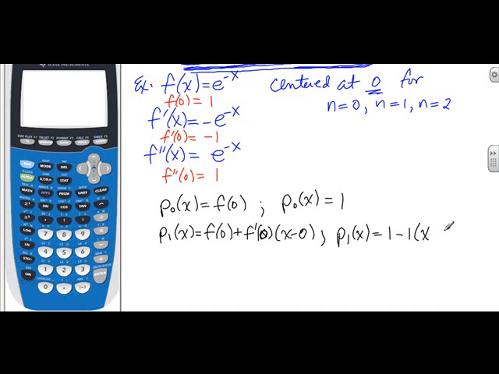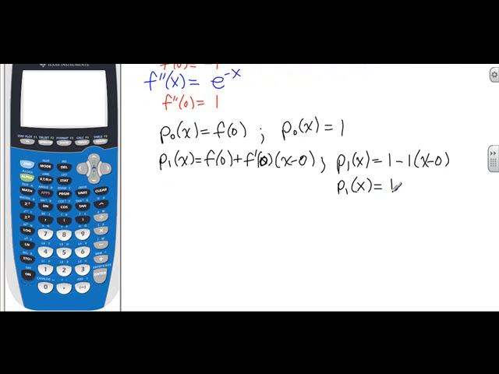Oh, we've got a slow computer today. Oh my goodness, there we go, x minus 0 to the first power. So P1 of x, simplified, is 1 minus x.